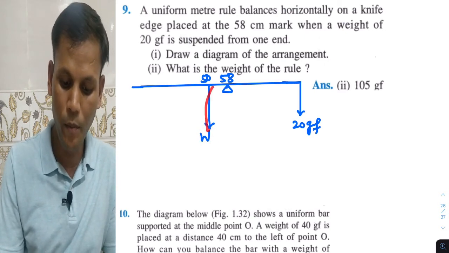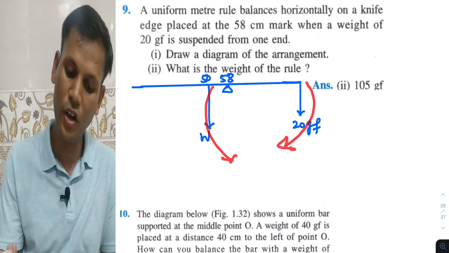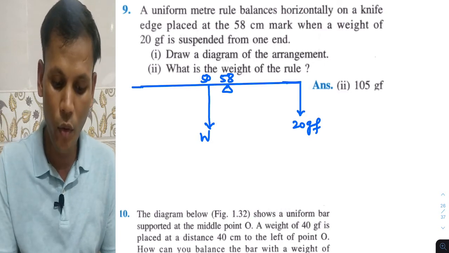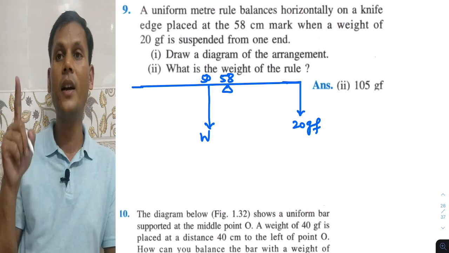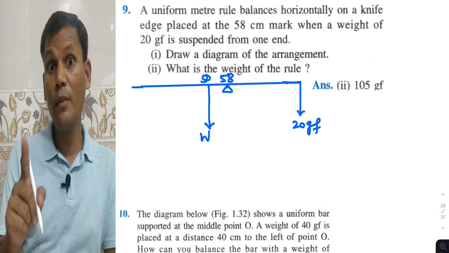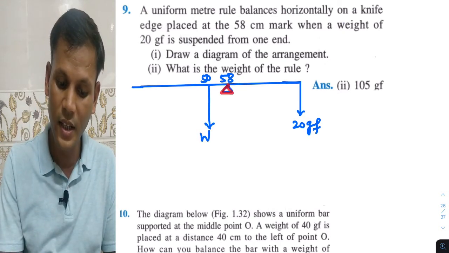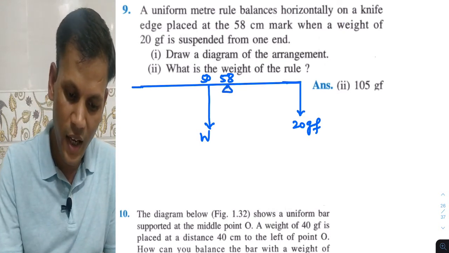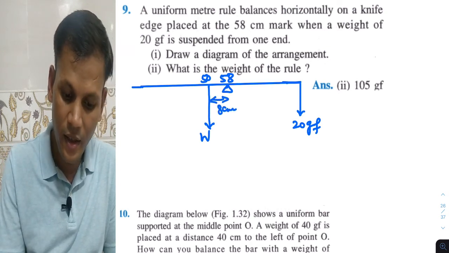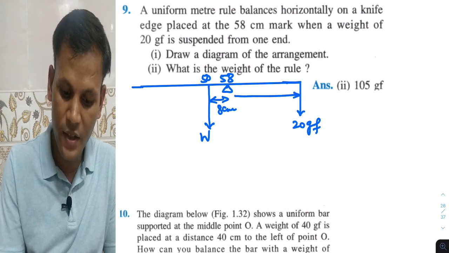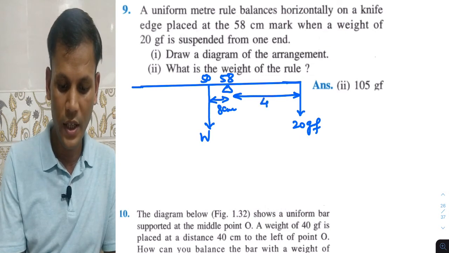So this will provide the anti-clockwise moment and this will provide the clockwise moment. Again, according to principle of moments, anti-clockwise moment is equals to clockwise moment. And that point I will repeat every time, distances will be measured from the fulcrum or balancing point. Balancing point is here. So this distance will be 8 centimeter, and this will be 100 minus 58, that will be 42 centimeter.